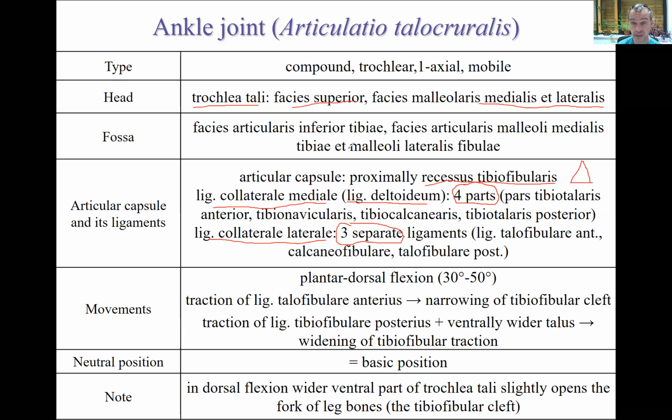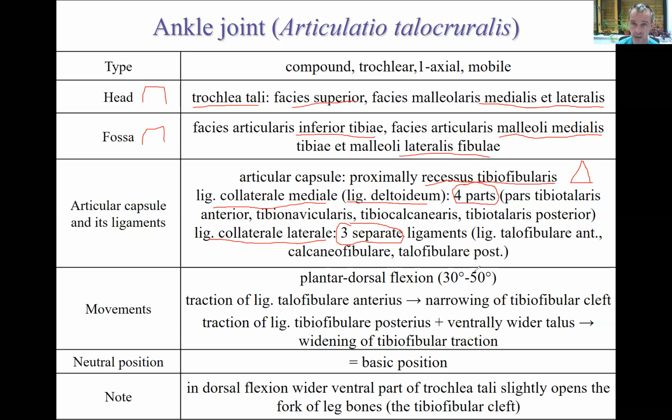And the fossa is the inferior articular surface of tibia, and of course, for the malleolar surfaces of talus, there should be articular surfaces on the malleoli themselves, so on medial and on lateral malleolus as well. So then the head and the fossa look really like two inverted letter U shapes, and you can see that the articular surface is composed of 3 different plane surfaces.